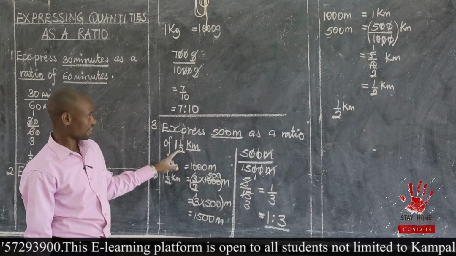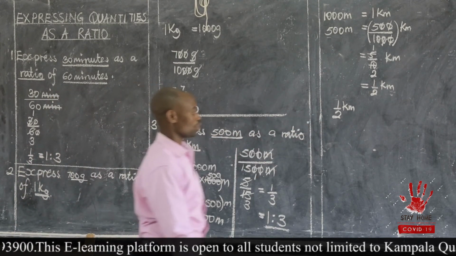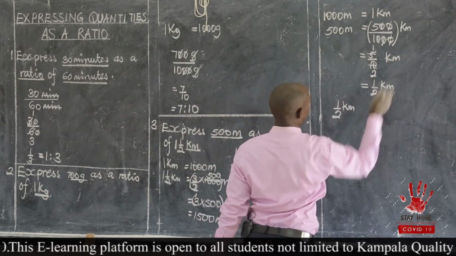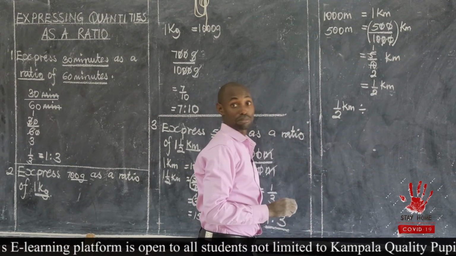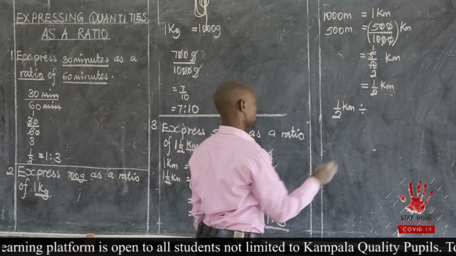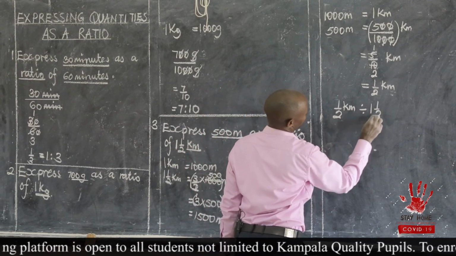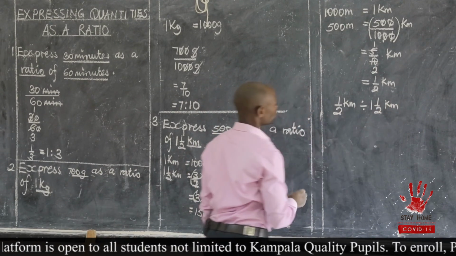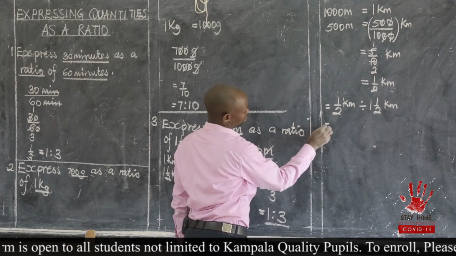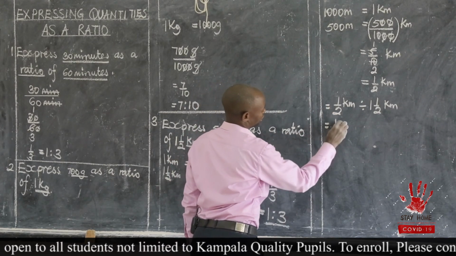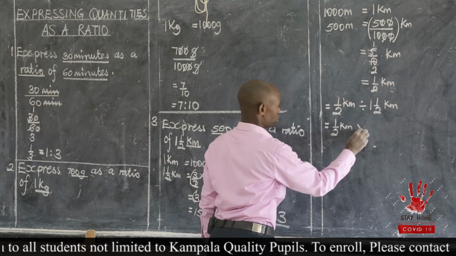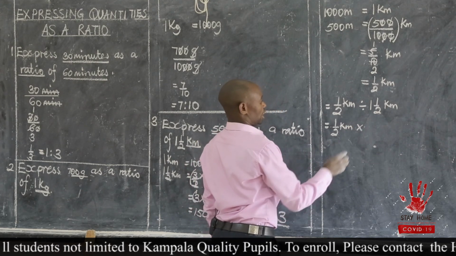Since this one is a fraction, this one is a fraction, so I will change this over to now division because they mean the same. So we are going to divide it by 1.5 kilometers. So what is this one going to give you? It is a half kilometers. Division will change into multiplication.